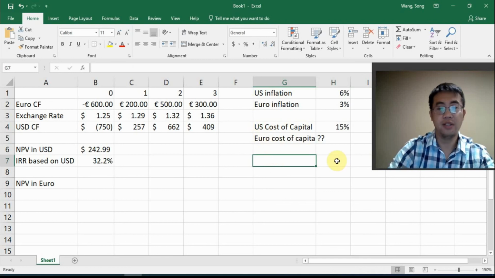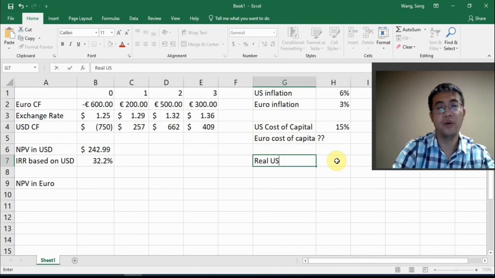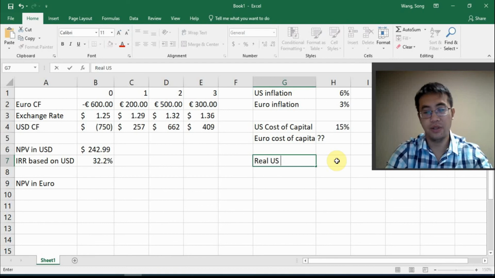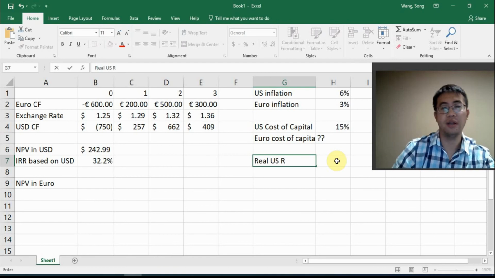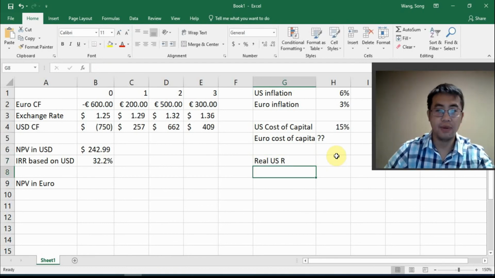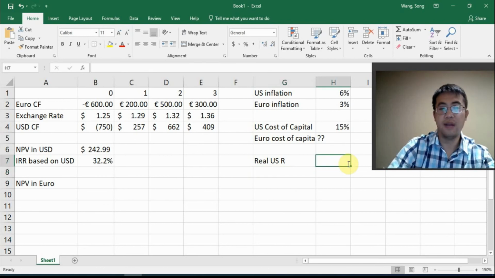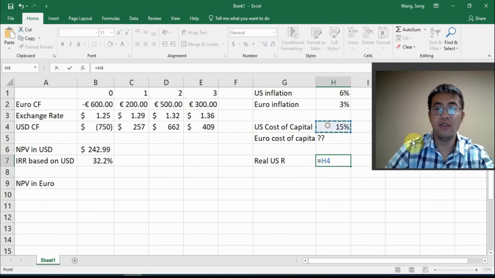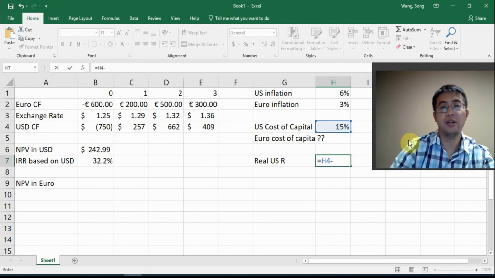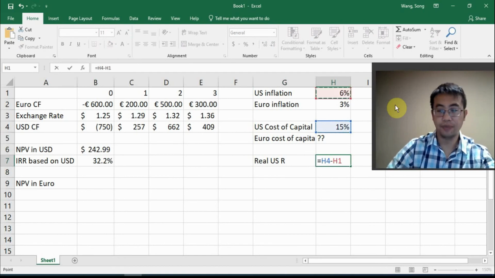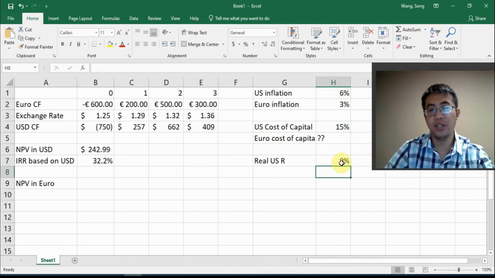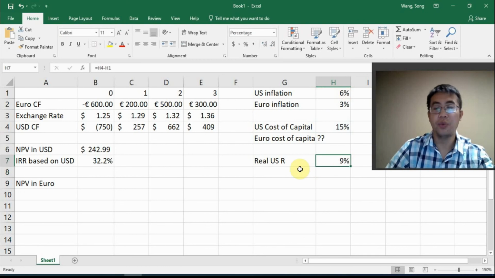So let's say for the real US cost of capital, just use R to stand for cost of capital, as we have done in previous chapters many times. The cost of capital for the US is 15% minus the US inflation. So without inflation considered, the real cost of capital in the US is 9%.